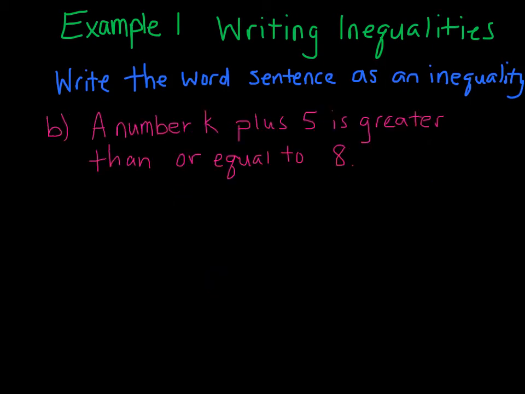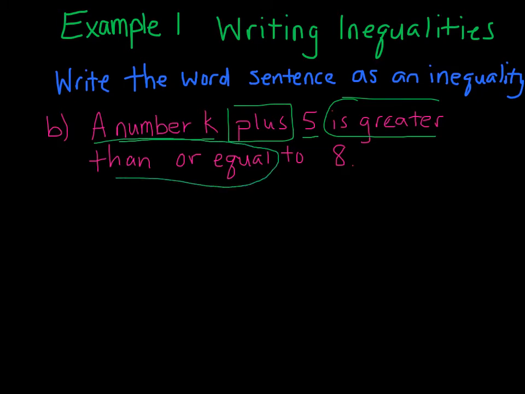So my word sentence says a number K plus 5 is greater than or equal to 8. If you look at this, we've got a number K, then we have the word plus, we have 5, and then our key phrase in this situation is greater than or equal to 8.